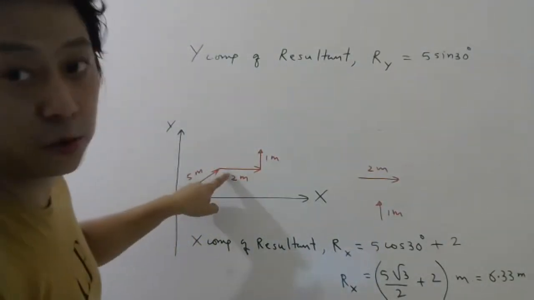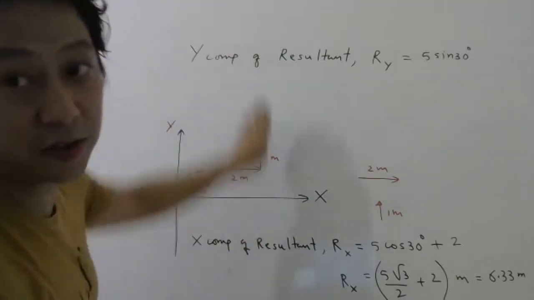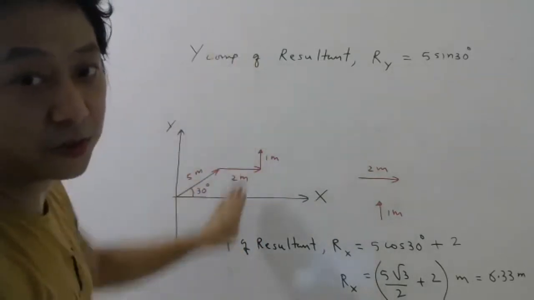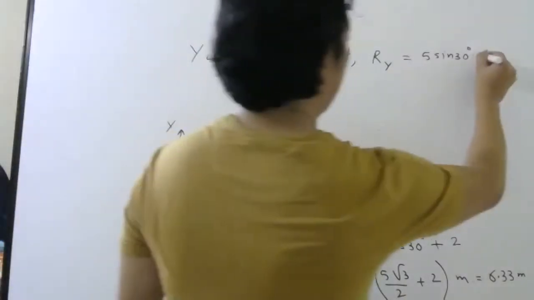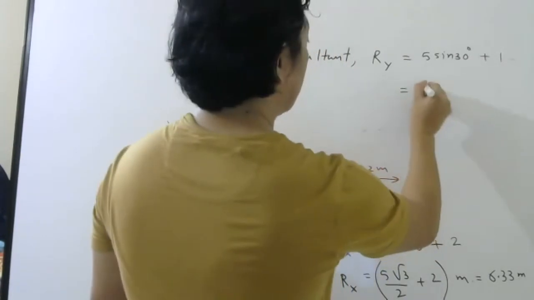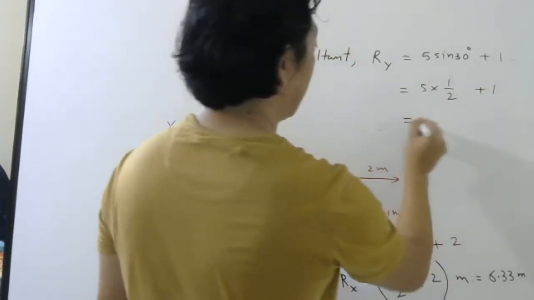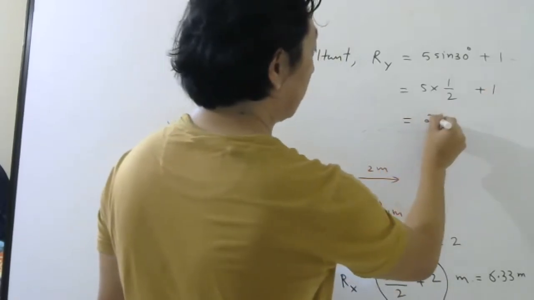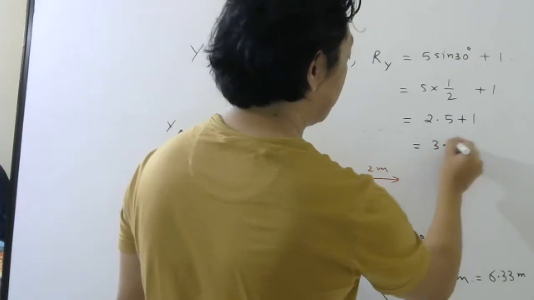This one has no y component. And this is also along y-axis only, positive y-axis. This is also positive y-axis. This is also positive y-axis. So plus 1. Sin 30 means half. 5 divided by 2, 2.5 plus 1, 3.5 meter.